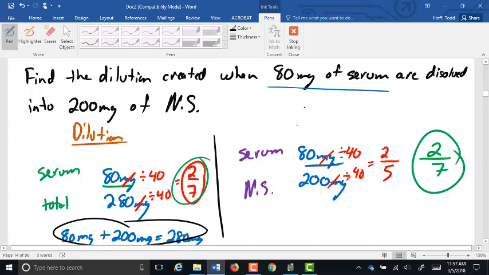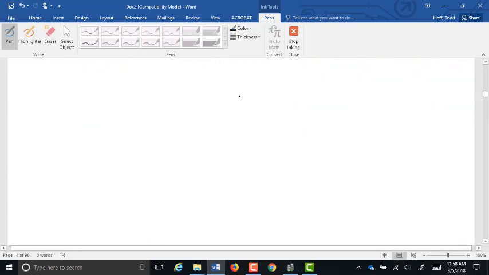Now, these dilutions are used a lot for doing testing. A lot of times we have to dilute a blood sample or a urine sample in order to test it.